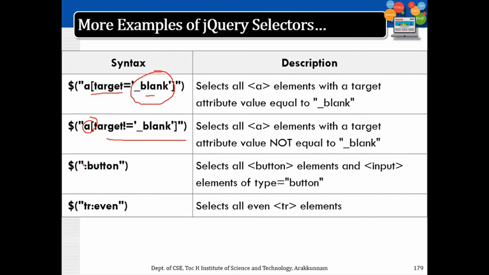Then :button selects all the button elements and input elements of type button. So tr:even selects all the even tr elements. So these are advanced ways in which we can access elements quite easily.